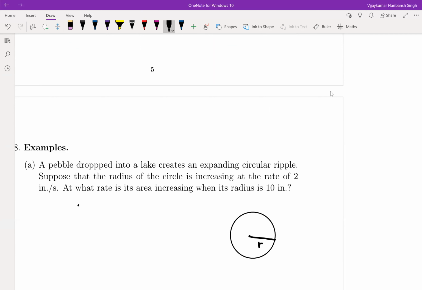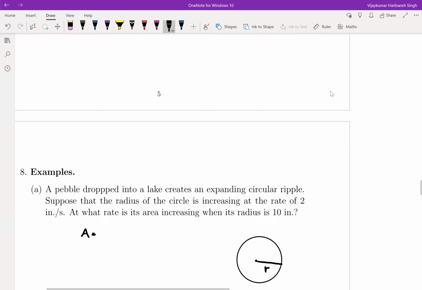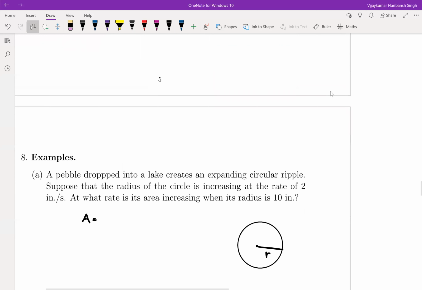Since it's circular, the area is going to be pi R square. Now, you're given that the radius is increasing at the rate of 2 inches per second.